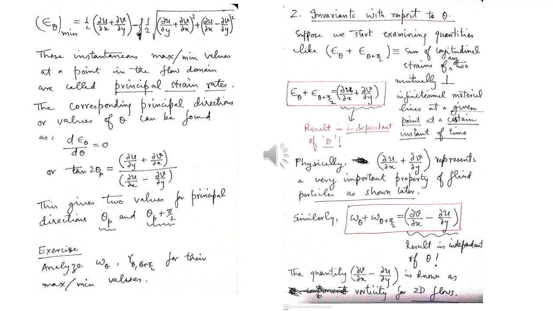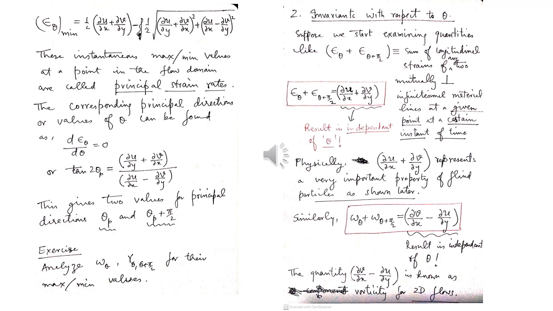So it is this ratio of these two combinations of the velocity partial derivatives that gives you the principal strain rate directions. Now you will notice that because the tan function is a periodic function with period pi, there will be two values of theta p that will satisfy this trigonometric equation.